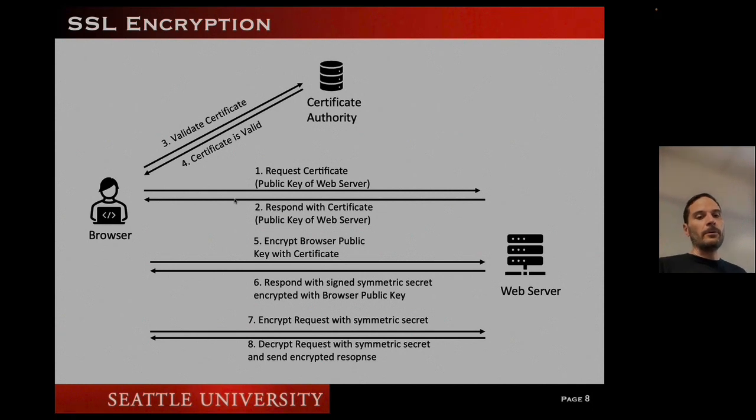Then the browser now has a public key of the web server and knows that that public key belongs to the web server through the certificate authority. And then what the web browser can do is encrypt the browser's public key with the certificate. So now both sides have the public key.